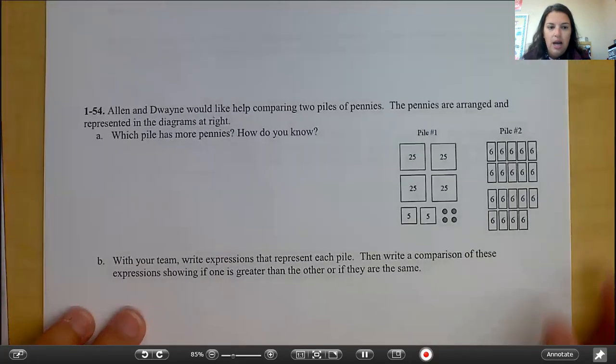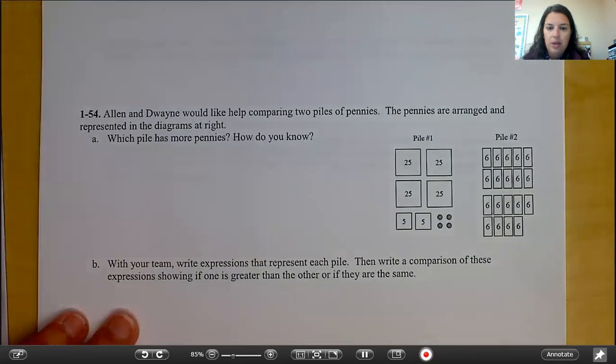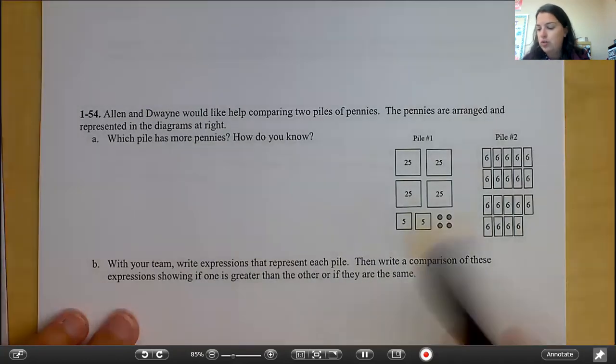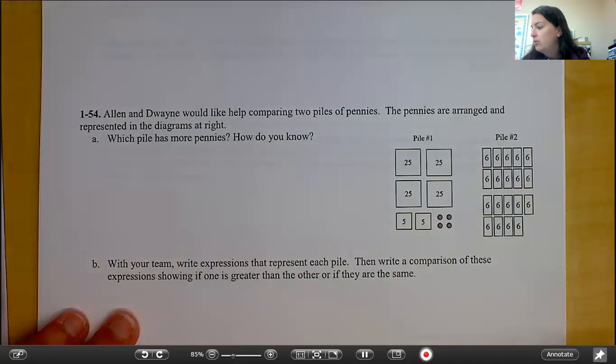154. Alan and Dwayne would like help comparing two piles of pennies. The pennies are arranged and represented in the diagrams at right. Which pile has more pennies? How do you know? So go ahead and make your conjecture there. B says, with your team, write expressions that represent each pile. Then write a comparison of these expressions showing if one is greater than the other or if they are the same.